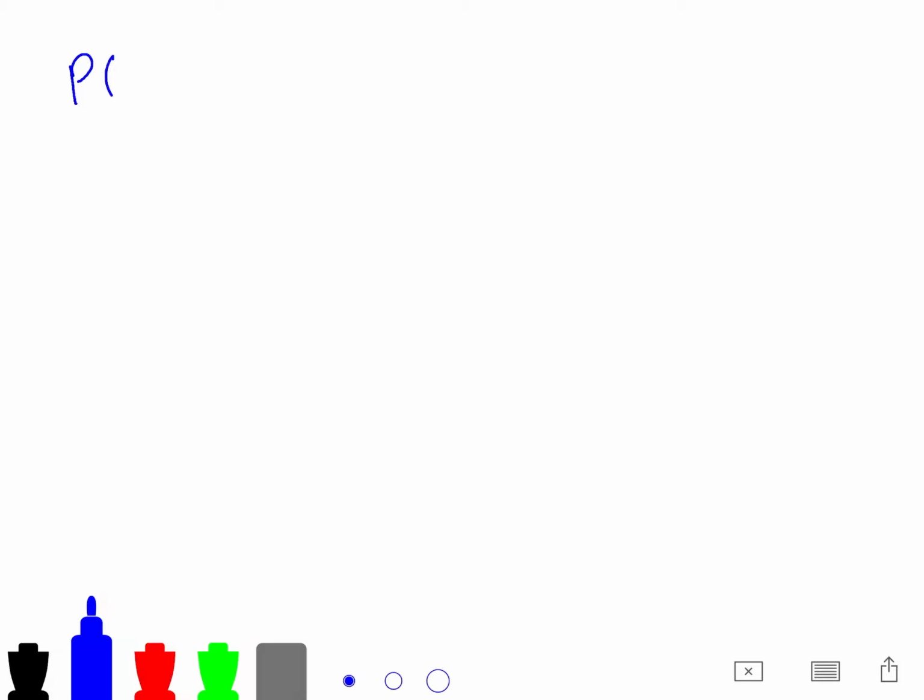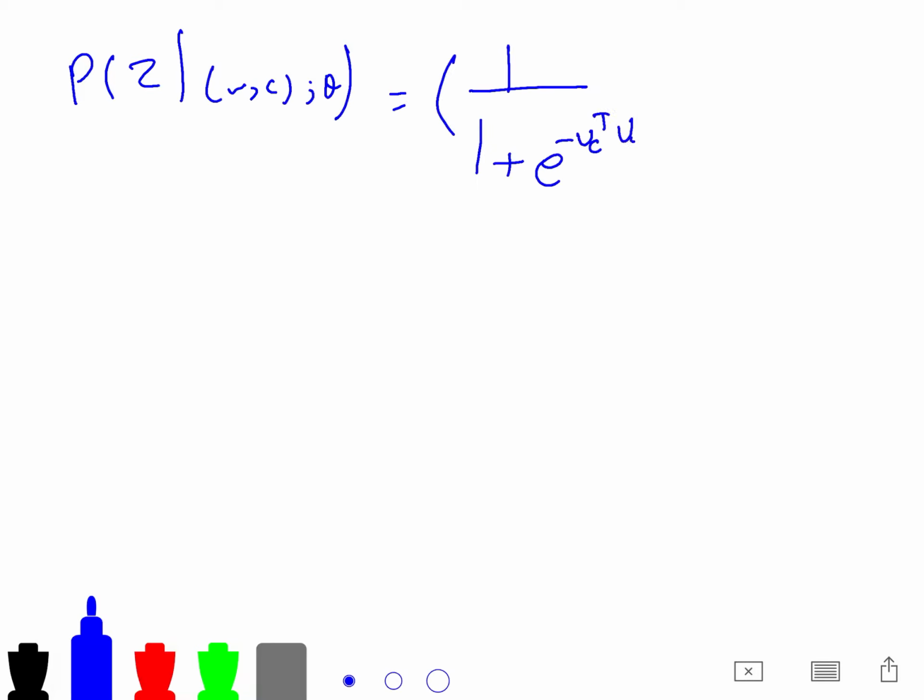And so the probability of Z given W, C and theta becomes 1 over 1 plus e to the minus VC transpose V omega, to the power Z, times 1 over 1 plus e to the minus VC transpose V omega.